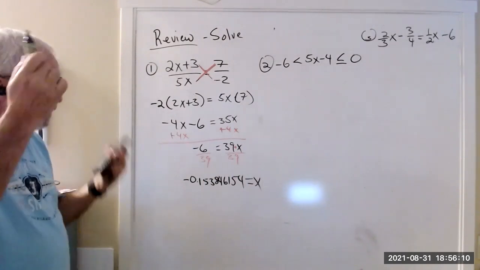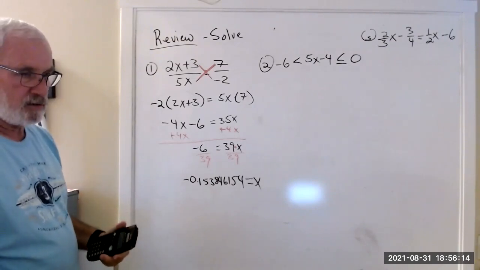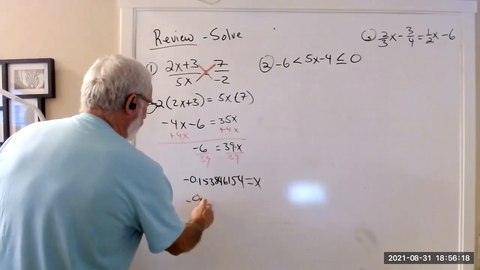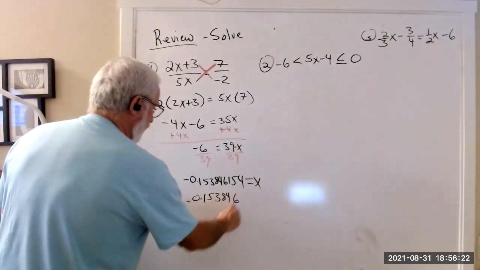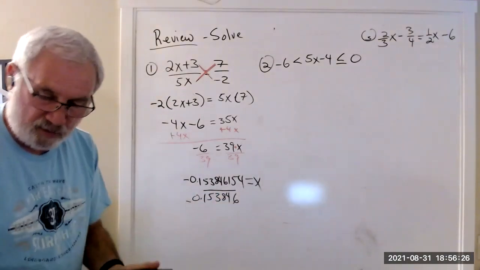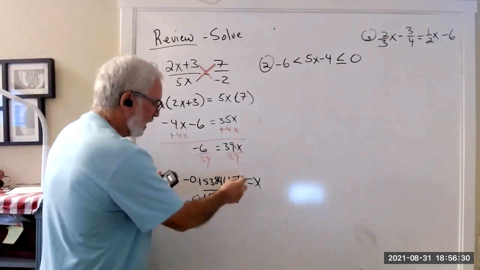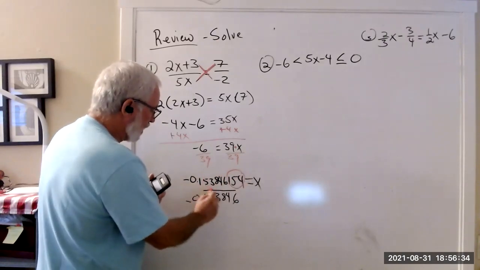Okay, now, if you see the pattern, you could do this as negative 0.153846 with a bar over it, because by looking carefully at this, you can see that this is starting to repeat.